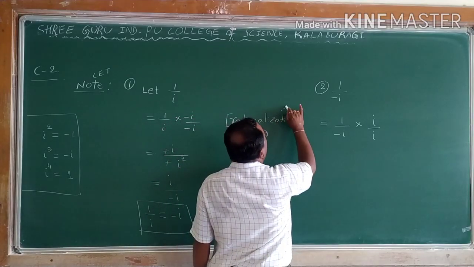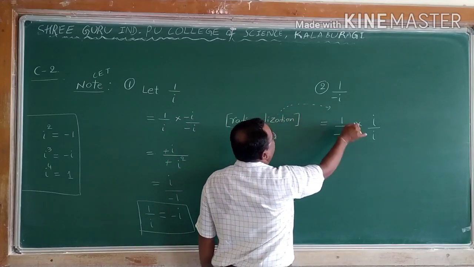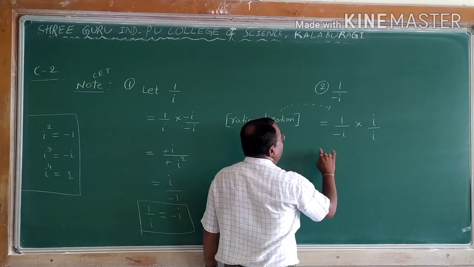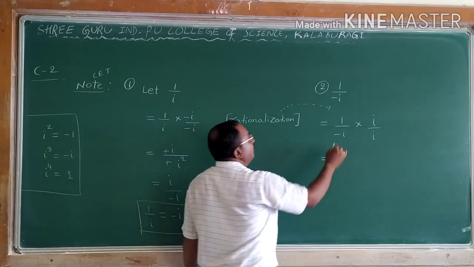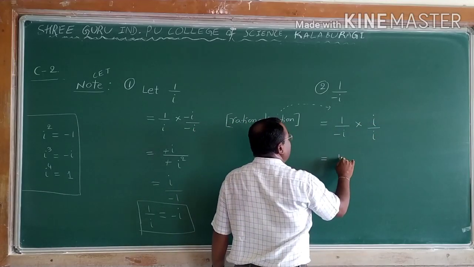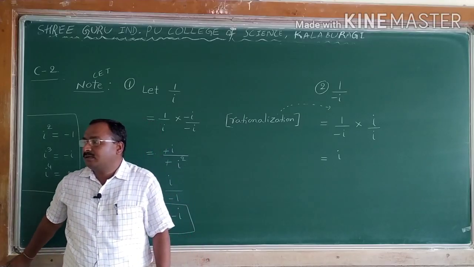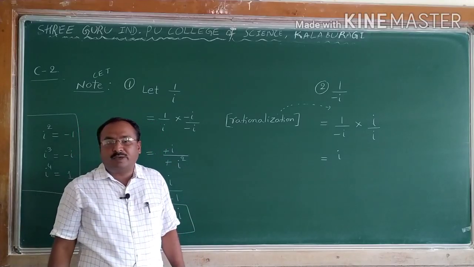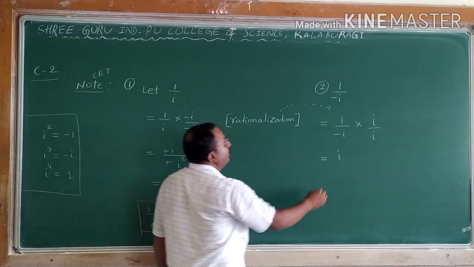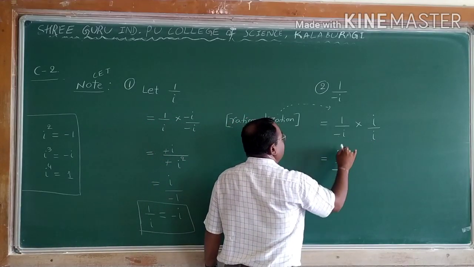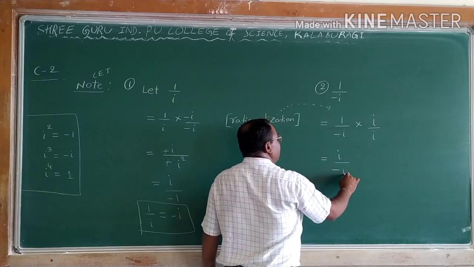Next multiply numerator, multiply denominator. 1 into i, that is numerator 1 into i, denominator minus plus minus i into i square value.